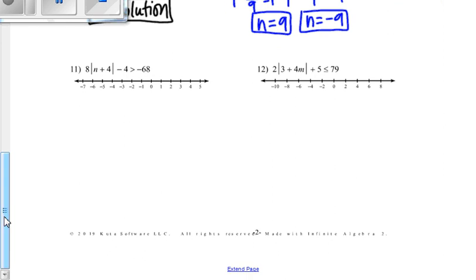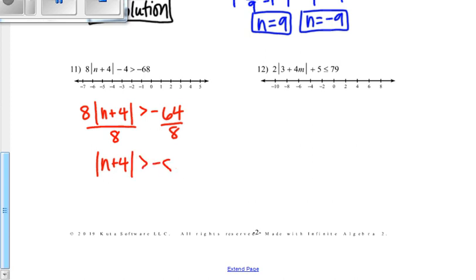On number 11, starting that solving process as I rewrite, I'm going to do 8 times the absolute value of n plus 4, and let's go ahead and add that 4 over. So this would be is greater than -64. And then if I divide by 8, I get the absolute value of n plus 4 is greater than -8.